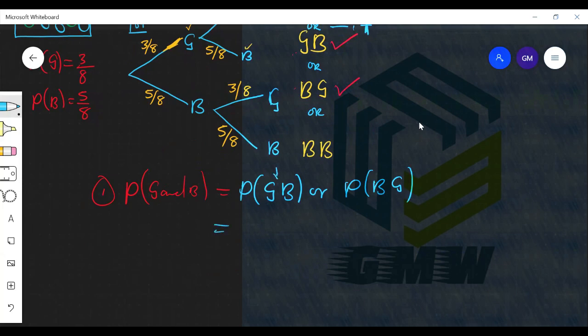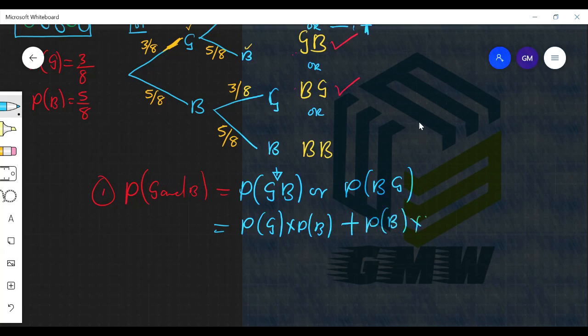Yes. We said and means times, agreed? Yes. So it means probability of green times probability of blue, or means plus, right? Yes. Probability of blue times probability of green. Are you following? Yes. Okay.